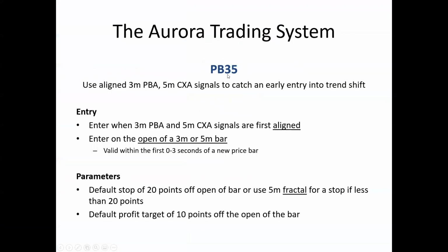So as we noted, the Pb35 entry is a catch trade. What it is allowing us to do is to get into a trade where all of the underlying indicators that we have positioned behind the primary PBA and CXA signals are indicating a high probability of a move in a particular direction.